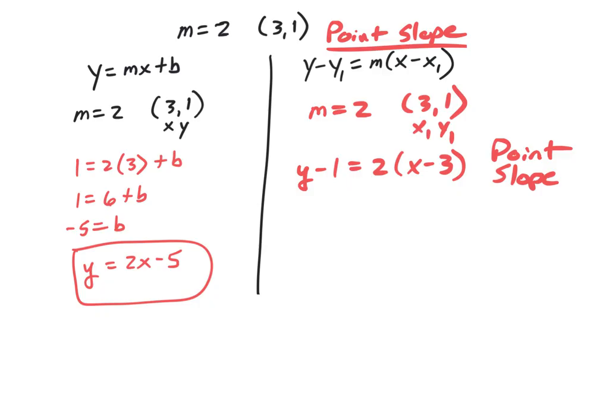But I want to show you really quickly that if I had to go to slope intercept, if I was here right now, I could really easily change this into slope intercept form. And what we would do is we would distribute first. And then I would subtract 1.